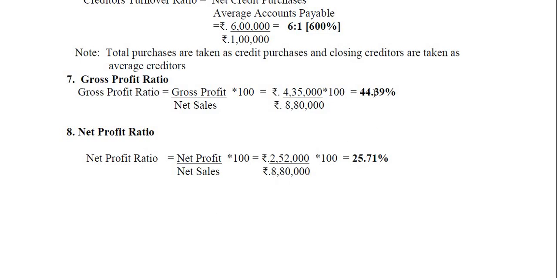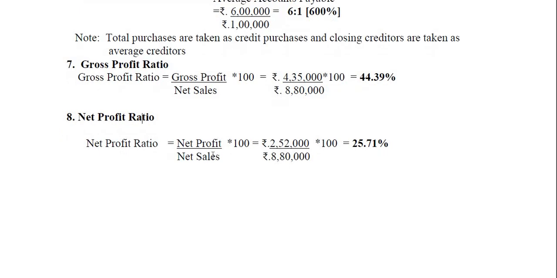So gross profit ratio means, our interpretation of that is that if you sell goods of rupees 100, you are going to make a gross profit of rupees 44.39. Then if you sell goods of rupees 100, you are going to make a profit of 25.71 rupees as net profit. So that is the interpretation.